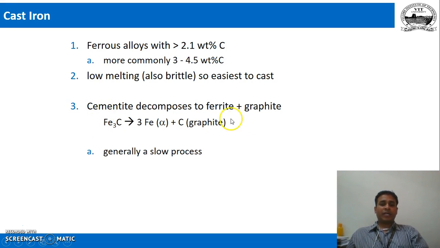Typically you can get graphite, and you can also promote this reaction by having silicon, typically more than 1%. So if you have more than 1% silicon and you cool the material very slowly, your microstructure will have ferrite and graphite. That is what is mentioned as slow cooling.